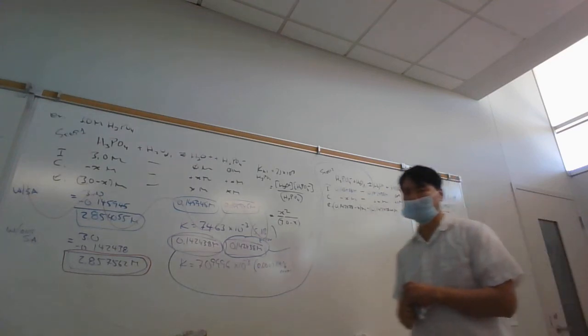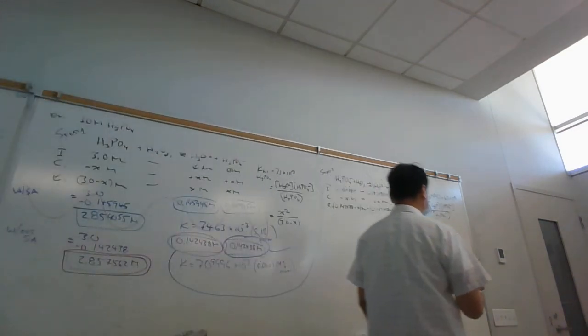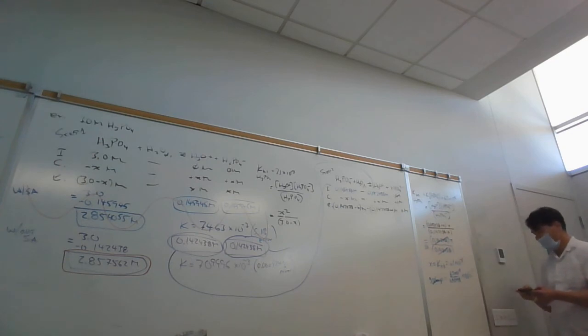So let's see what it comes out to. We'll do 6.3 times 10 to the minus 8 divided by 0.142438 times 100.